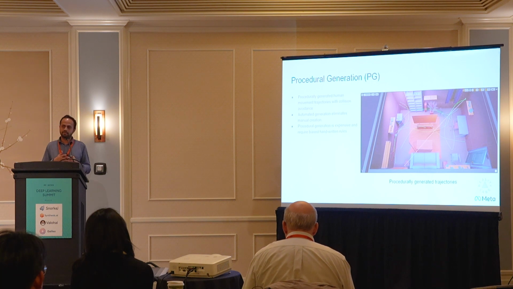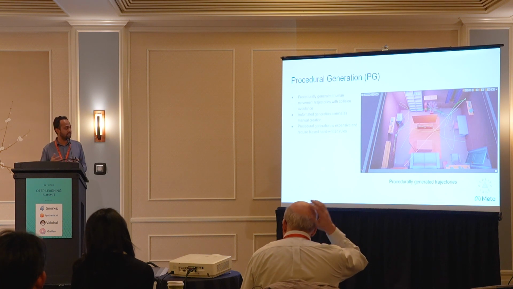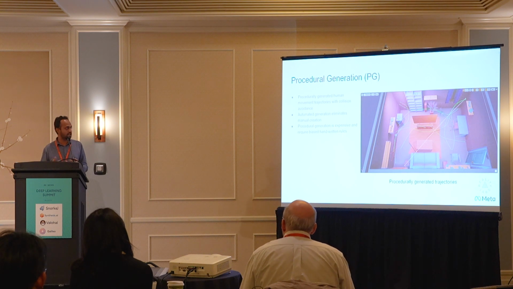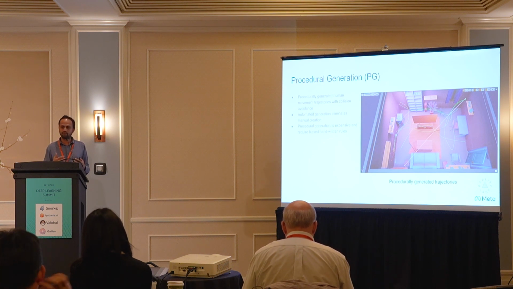Procedural generation can also be used for generating human trajectories with collision avoidance. You can move cameras, you can generate human trajectories, you can create dynamic scenes with procedural generation. So almost everything can be done procedurally. You just have to put these rules in your system. Now, I'll talk about the challenge with procedural generation.